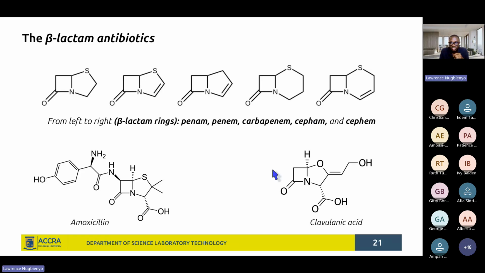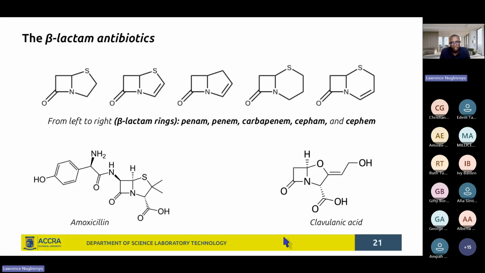What you see is similar to penam, except that in place of the sulfur in that 5-sided ring, you have oxygen. And because of that, it's an oxapenam. Clavulanic acid is an oxapenam. So you have a combination of amoxicillin and clavulanic acid, which is referred to as amoxiclav.